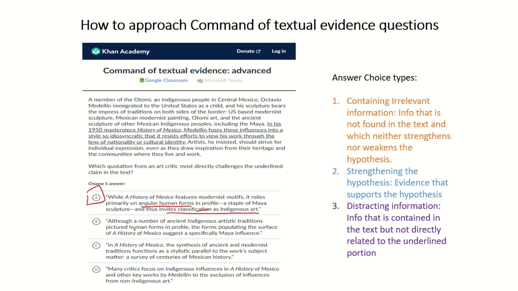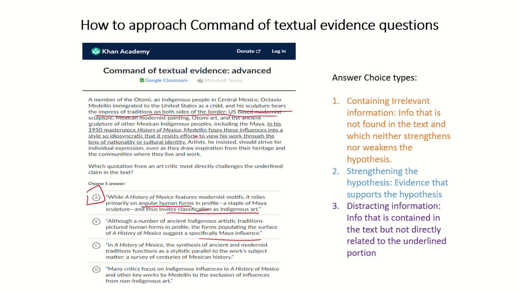Why? Let's see why. Although a number of ancient indigenous artistic traditions pictured human forms in profile, the forms populating the surface of this suggest a specifically Maya influence. So this we already know. We already know there is a Mayan influence on his work, right? It's already given here. If you read this sentence, his sculpture bears the impress of traditions on both sides of the border, right?